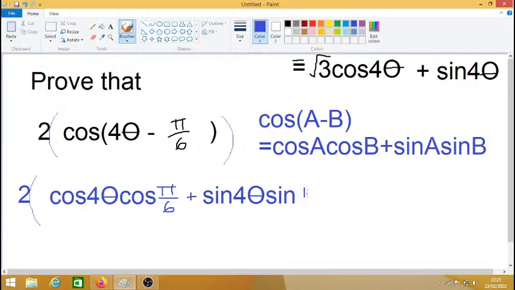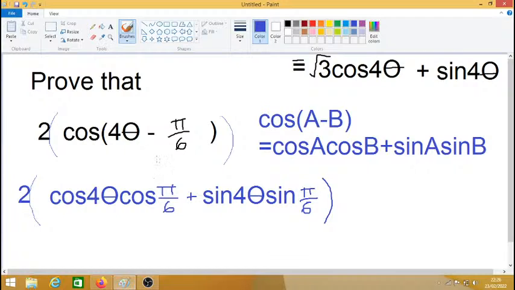And remember that pi over 6 is not an unknown. Pi over 6 is a number, so we can type that straight into a calculator, type in cos pi over 6 and let's see what that gives us.